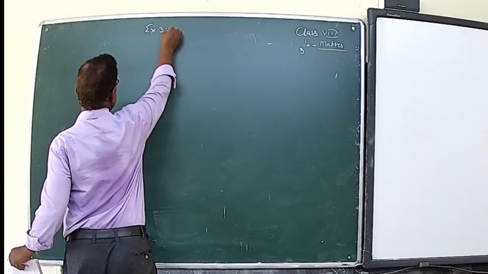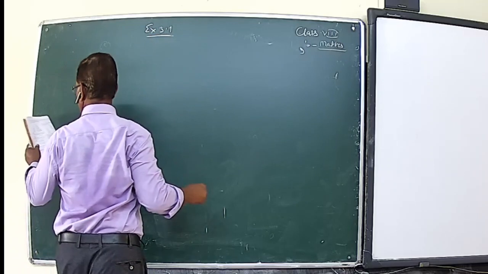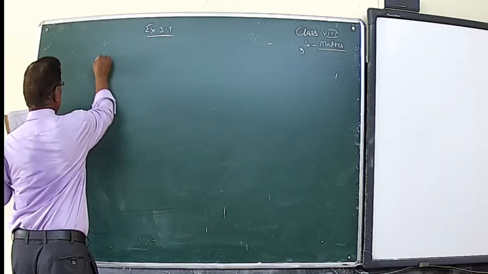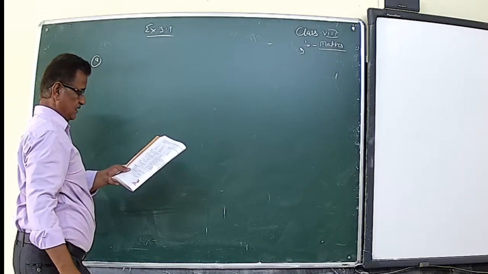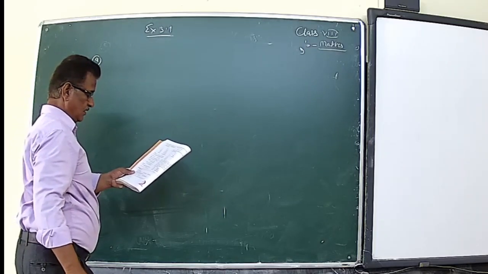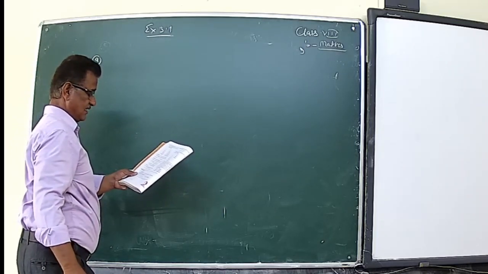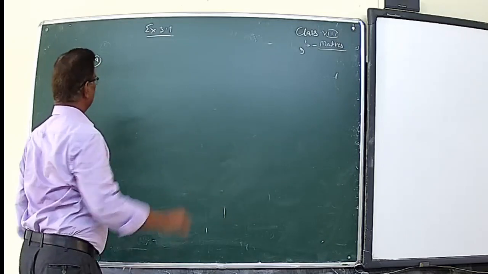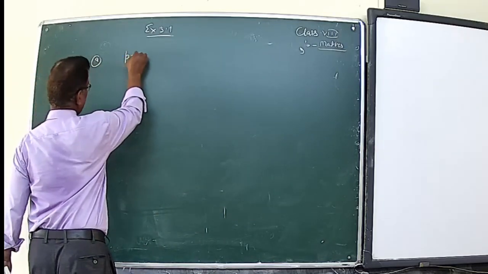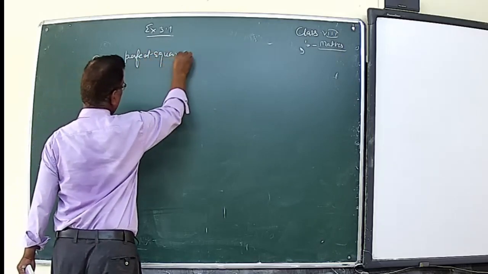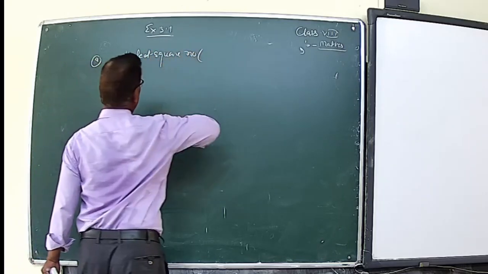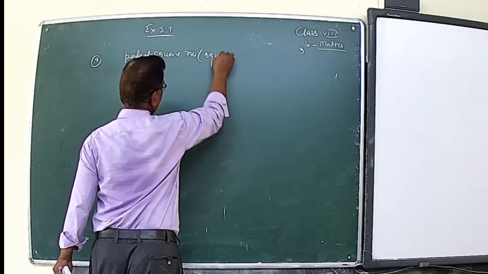Exercise 3.1, fill in the blanks. First, the squares of the numbers 1, 4, 9, 16 are called perfect square numbers, or square numbers.